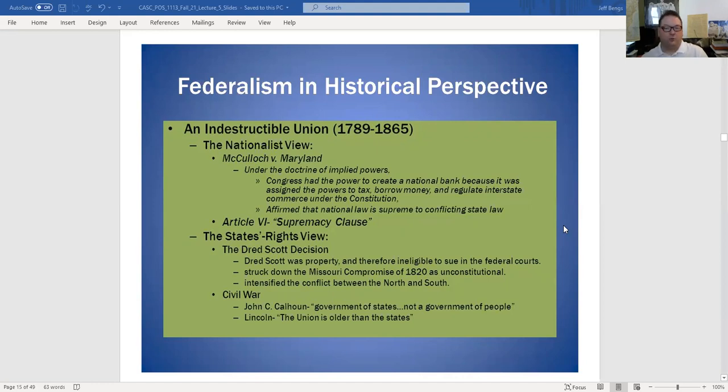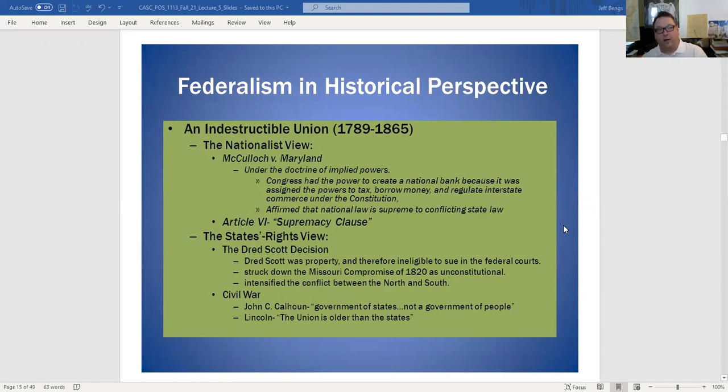Another man in George Washington's cabinet named Thomas Jefferson, you may have heard of him, did not want a national bank. He felt like that was reading into the Constitution powers that were too broad and not clearly expressed.